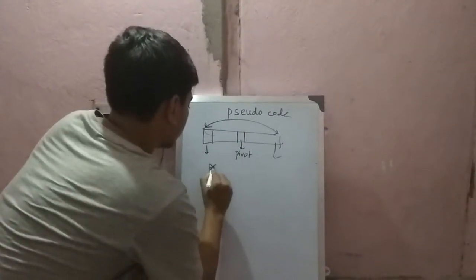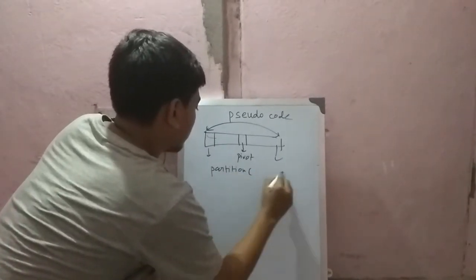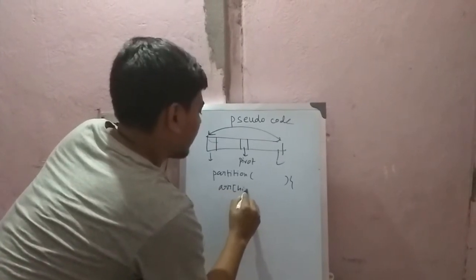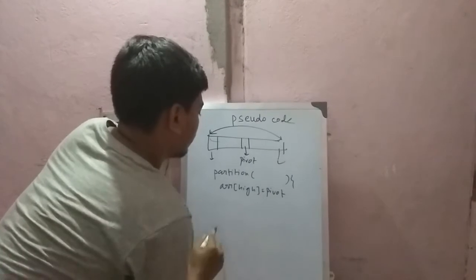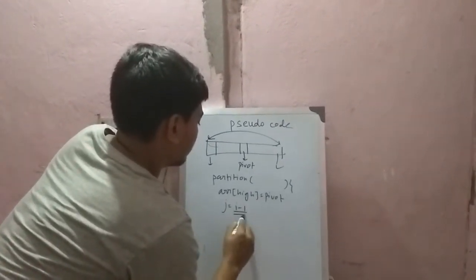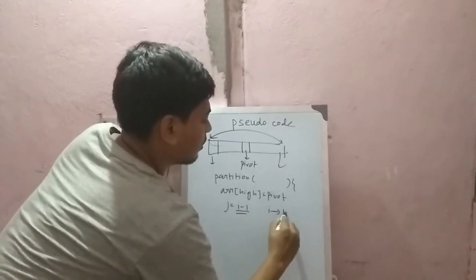In the partition function, let's take array high. I suppose I take array high as the pivot. Let's take a variable i equal to low minus 1. What is i? i is the lower index.